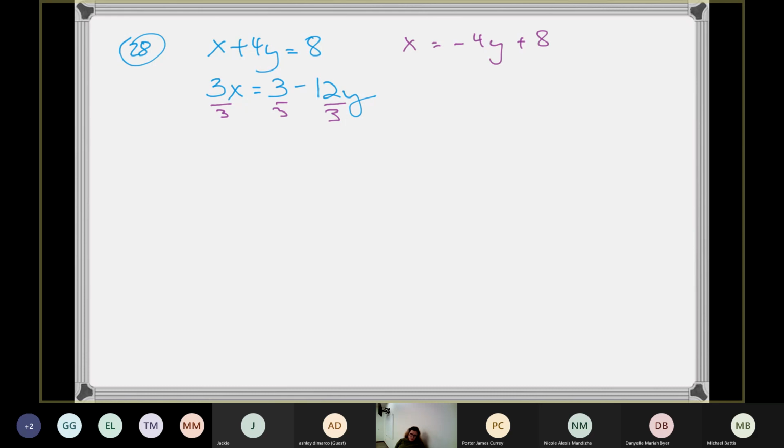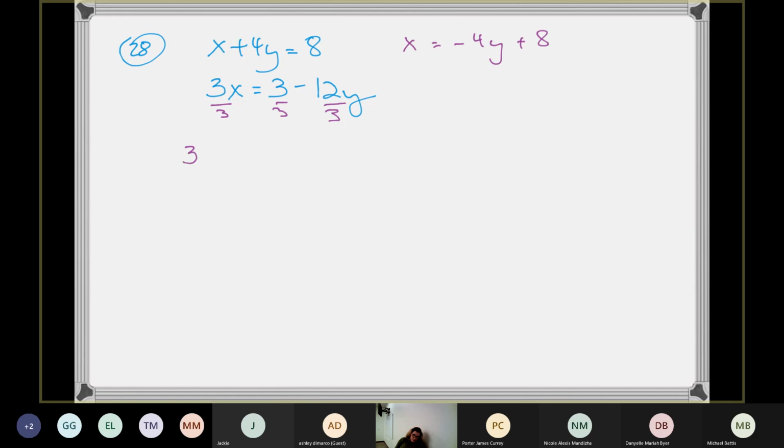Okay. But to Jordan's point, if we solve the second one for x, it's less work when we plug it back into the first equation, instead of taking the first equation and plugging it into the second equation. That's a little bit more work.